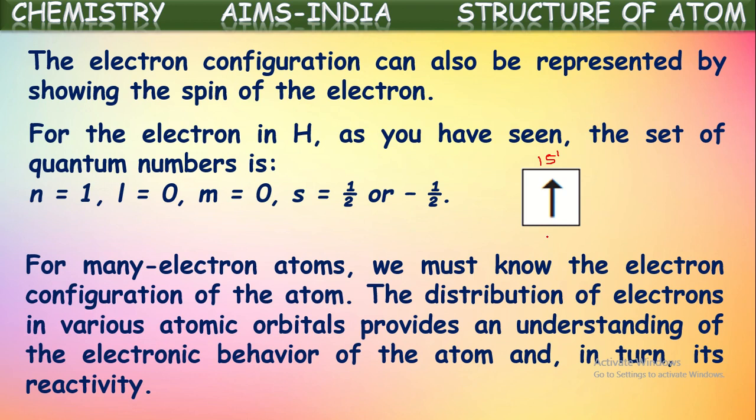So if we know the electronic configuration of an atom, then we can understand the behavior of that atom, in the sense of whether it is a stable element or a reactive element. All these properties of the atom or element will be known by knowing its electronic configuration. So first we have to know how to write the electronic configuration of the element.